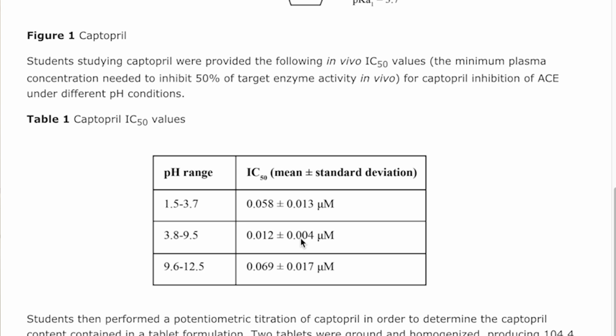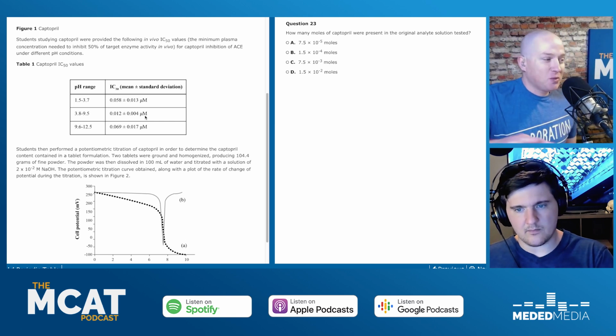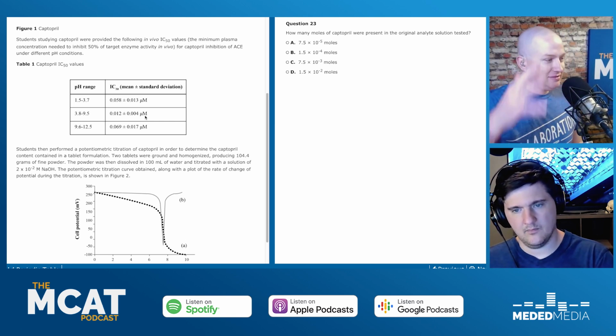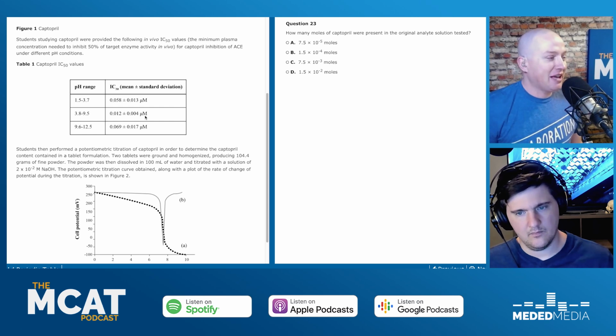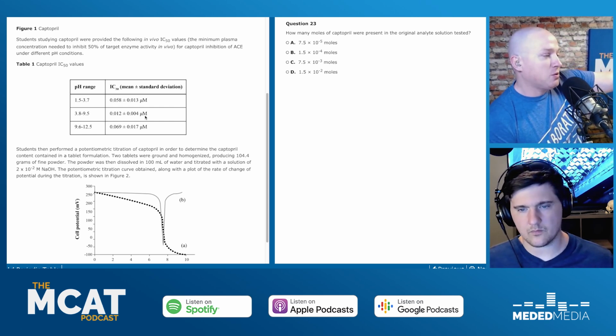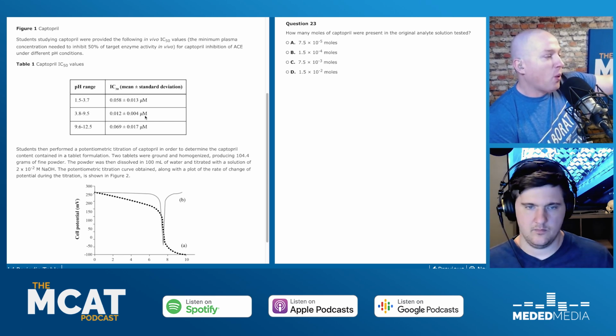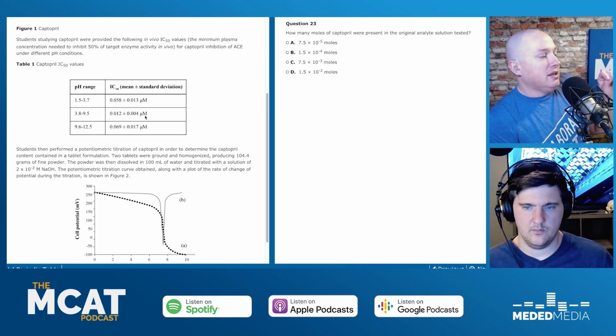So what's your initial take, looking at this, trying to interpret this data? How are you trying to take a look at that? It looks like there's this weird curvy thing with the pH range. So at the lower pH, 1.5 to 3.7, this IC50 value is 0.058.